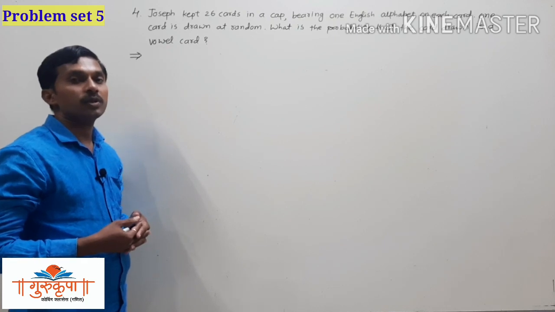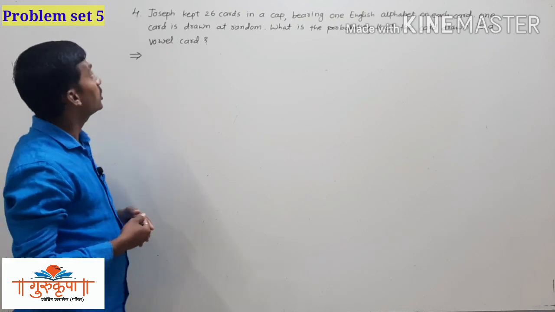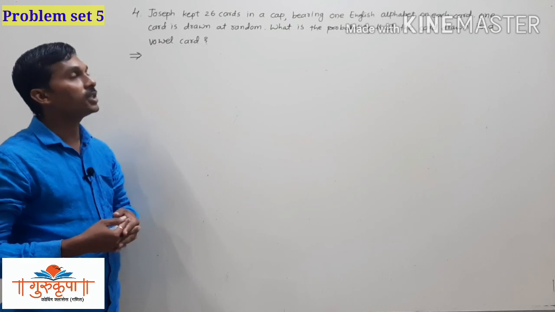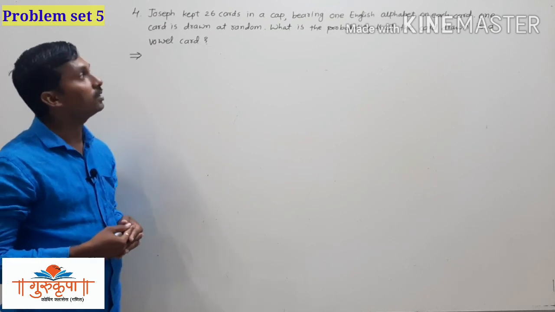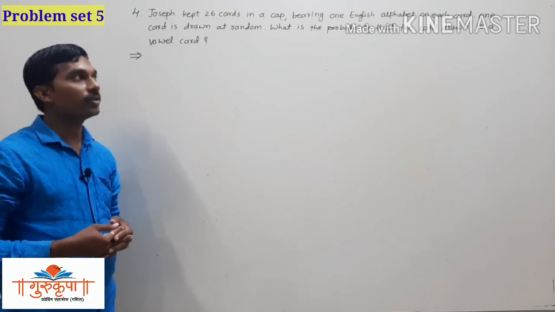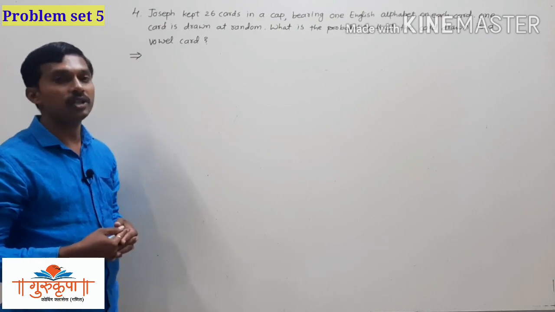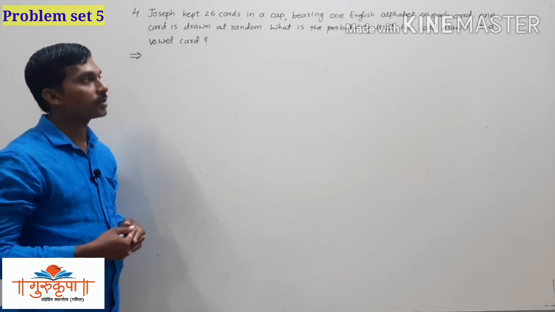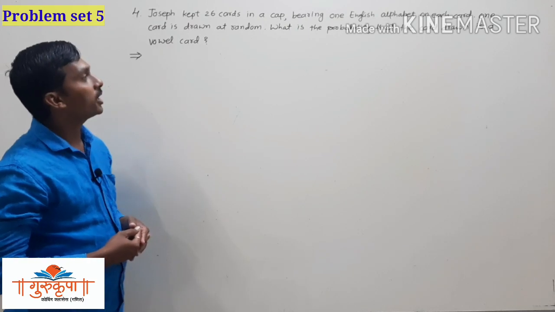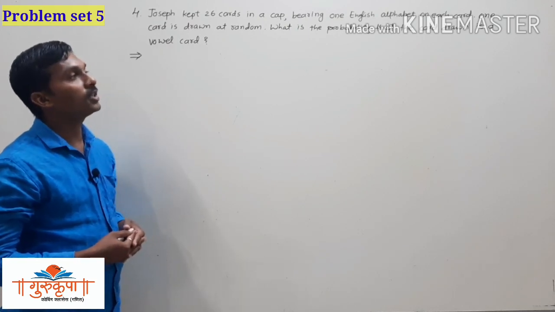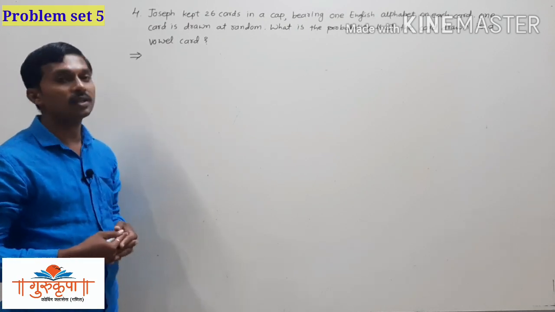Question number 4 from problem set 5. The question is, Joseph kept 26 cards in a cap bearing one English alphabet on each card. One card is drawn at random. What is the probability that the card drawn is a vowel card?